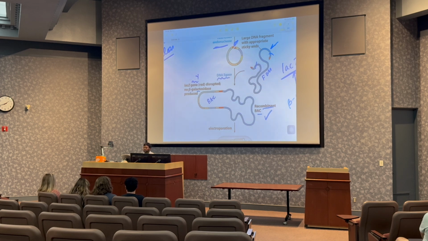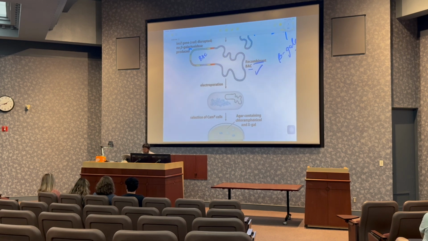Because we should know whether the colonies are transformed or not. We will do electroporation. This is a forced method for bacteria to take up the artificial chromosome, and by electroporation we inserted this recombinant bacterial artificial chromosome.